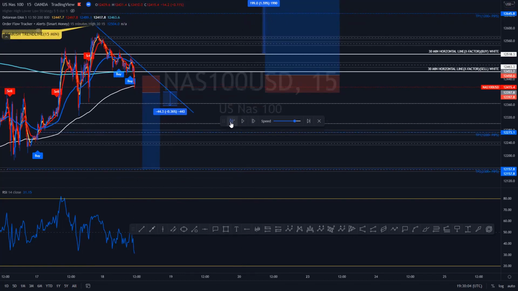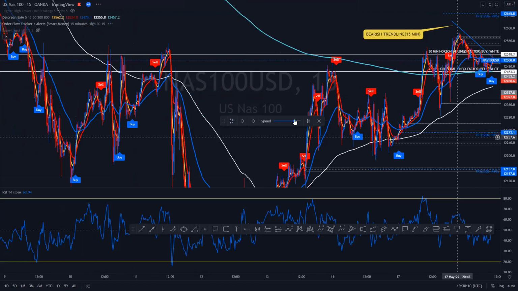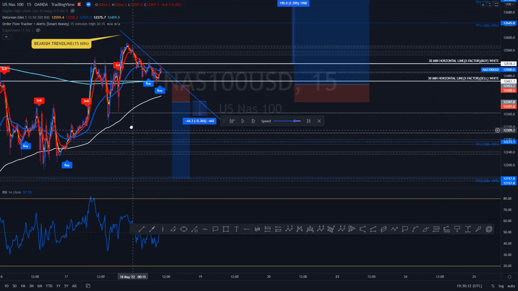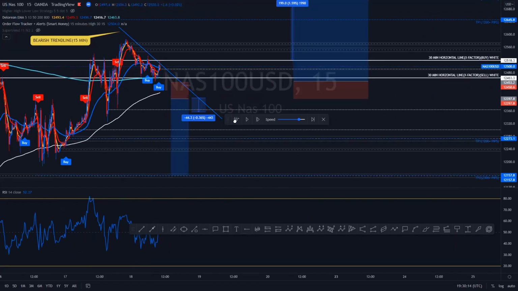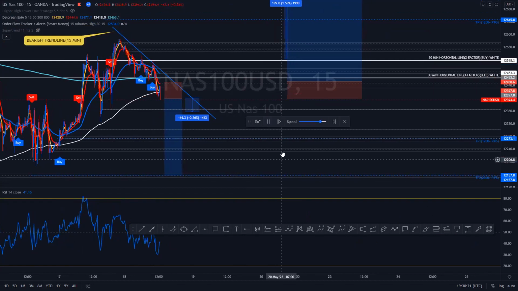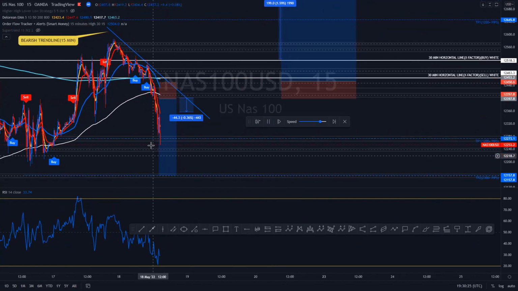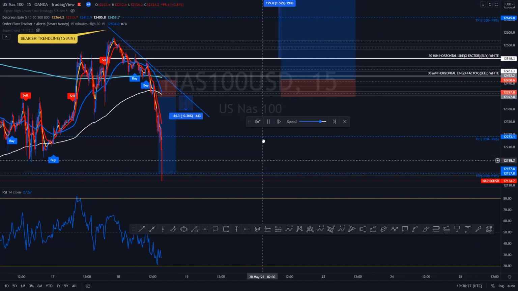So what I'm going to do is start from the beginning once again, and show you how hard price sold, which lets you know that my analysis was correct. So let me press the play button here. Boom, boom. Came back, mitigated that area, came down, and came all the way down, mitigated all this area.